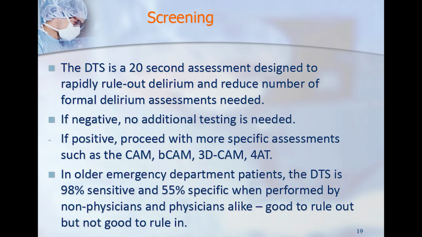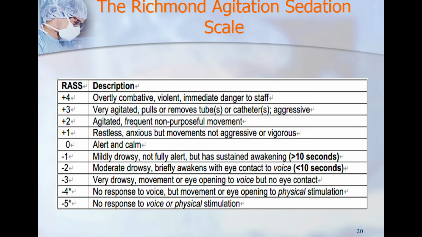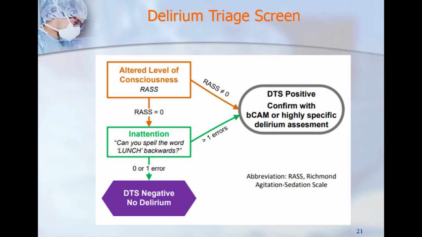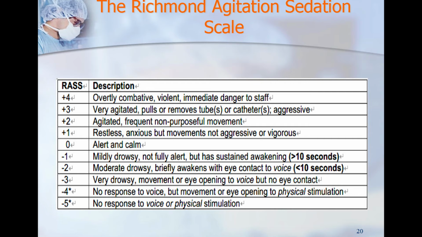So what is the DTS? It starts with the Richmond Agitation Sedation Scale. Let's look at the DTS, the delirium triage screen. Let's go back to the RASS card. Zero is alert and calm.